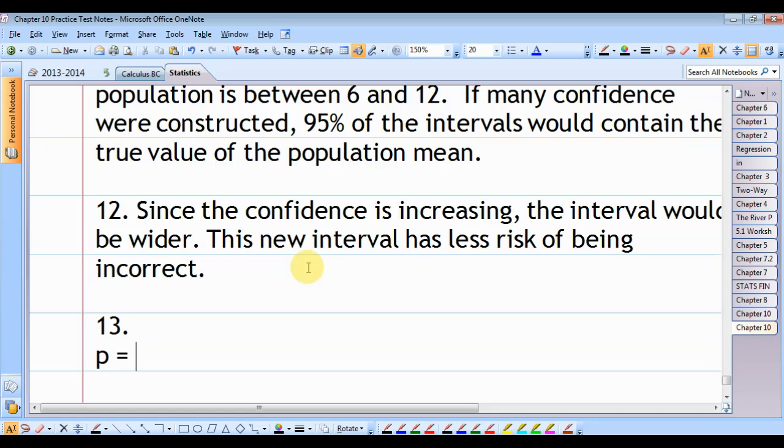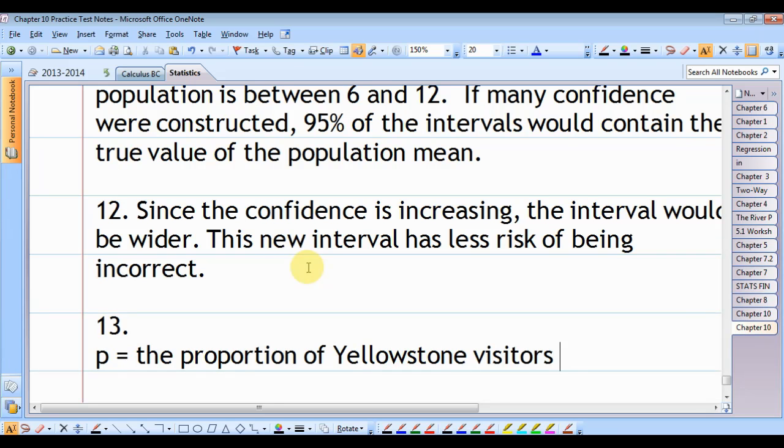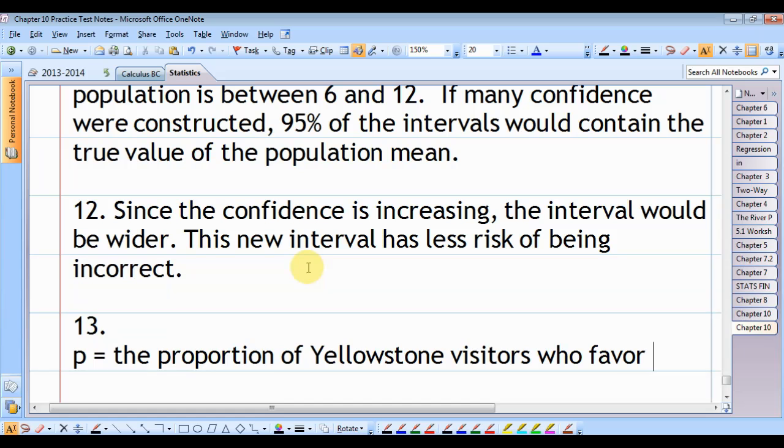Okay, so we're looking at p's and p hats. So p is equal to the proportion of Yellowstone visitors, wouldn't be all Yellowstone, who favor additional restrictions.